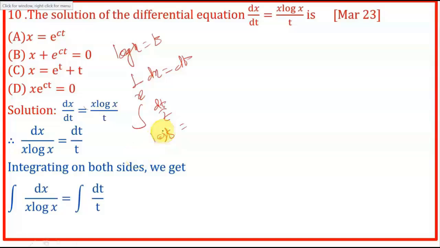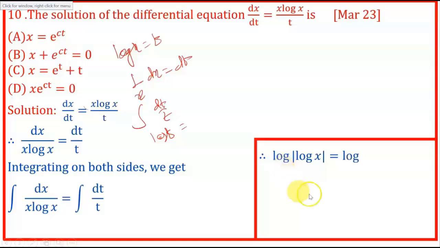Therefore, log of log x is equal to log of mod t plus log of c. We will replace the value of t. What was the value of t? t is log x. Therefore, the integral of dx upon x into log x is log of log x, equal to log of mod t plus log of c.